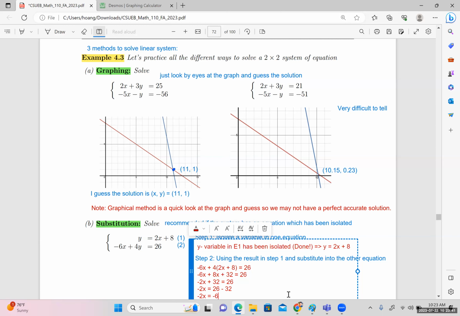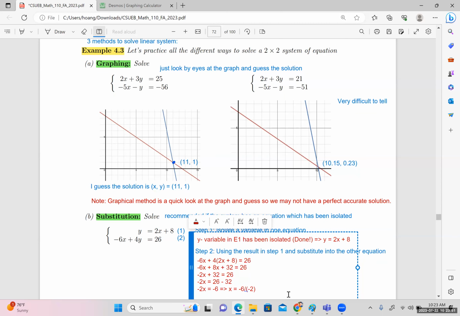And I can have x equal to negative 6 divided by negative 2, which means I have 3 as the answer here.